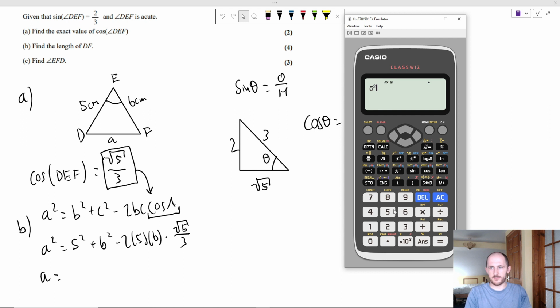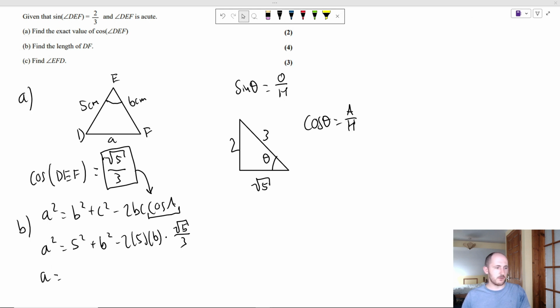Whoa, hold on, 5 to the power 5, that's way too big. That we may get to a bit later. So minus 2 times 5 times 6, and then timesing by, whoopsies, times root 5 over 3. Then square root the answer, of course. We get 4.03 to 3 significant figures.